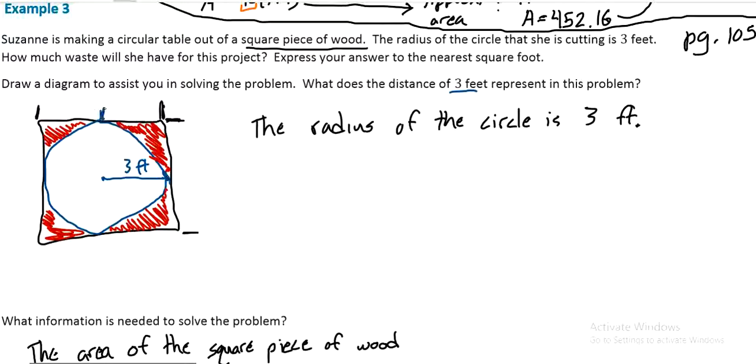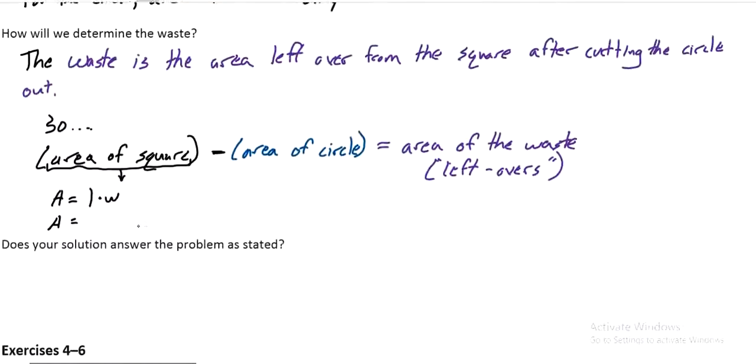So from here to here, this is 3 feet. Well, it goes the same for the other way. From here over to the other edge would also be 3 feet. So that gives us a total side length of 6 feet. So the total side length of the square is 6 feet.